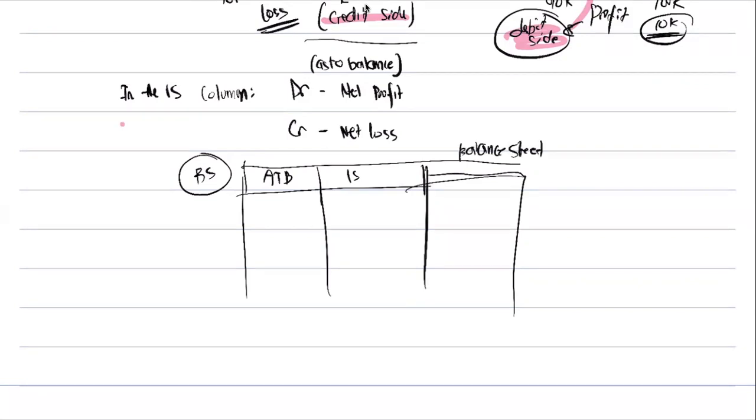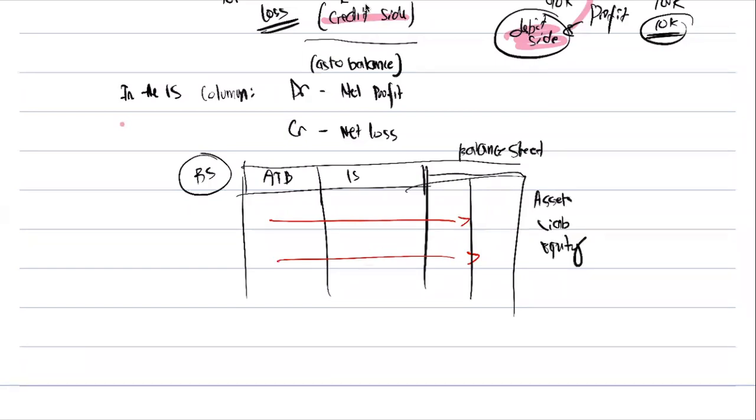Okay. So from your adjusted trial balance, we will only place the assets, liabilities, and equity. So from your adjusted trial balance, we will only forward assets, liabilities, and equity. Okay?